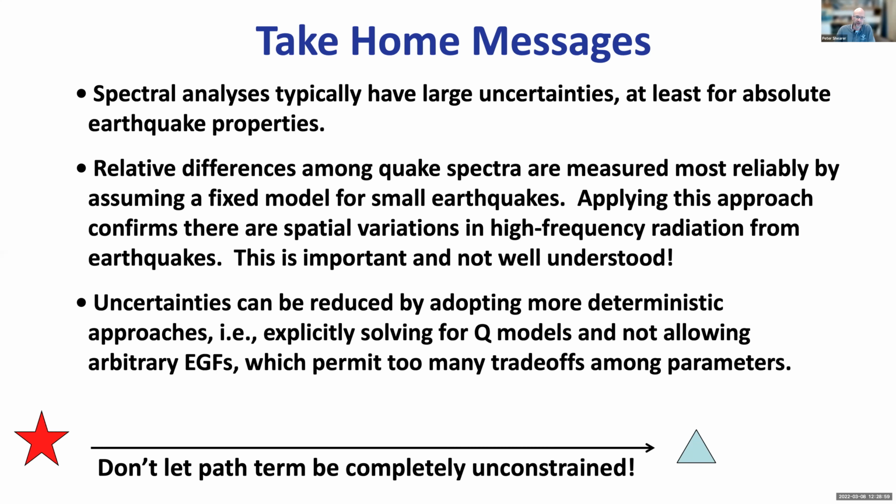But I think that the ultimate goal, and I think one that will better connect our observations to real models, is to not allow things to just float purely. In other words, we need to solve for Q models and include those as part of the inversion. So I'll stop there, and I'd be happy to take any questions if there's time.